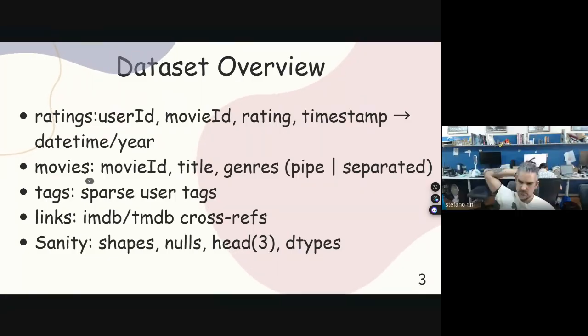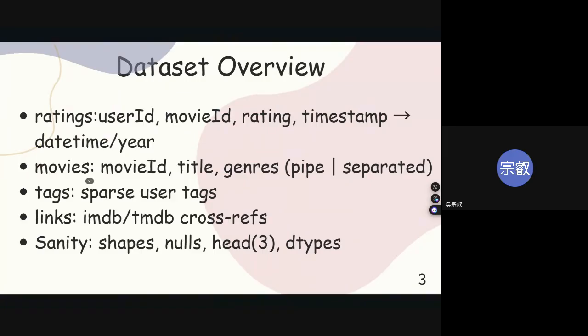Tags holds user tags and links gives IMDb, TMDB cross-references. Before any plotting, we log shapes, null counts, sample rows, and D-types. This guarantees that anyone can reproduce the exact same setup.